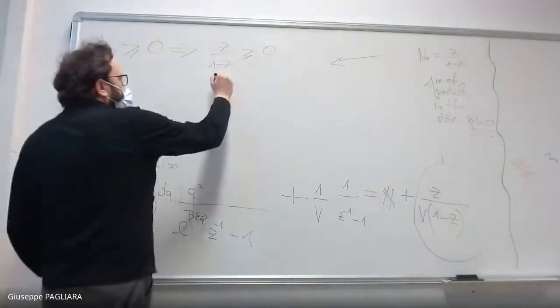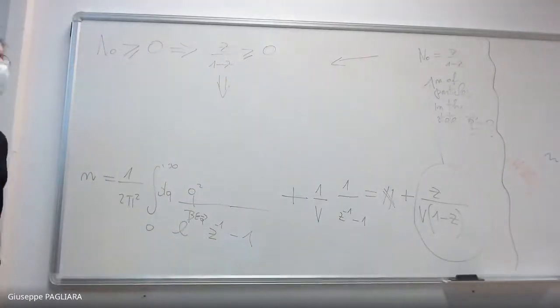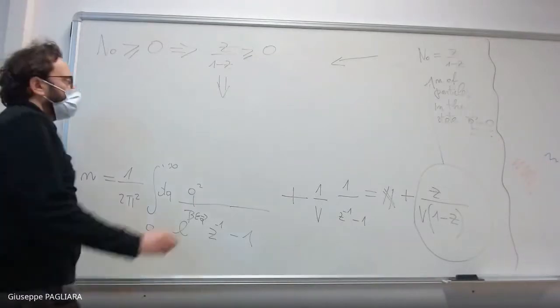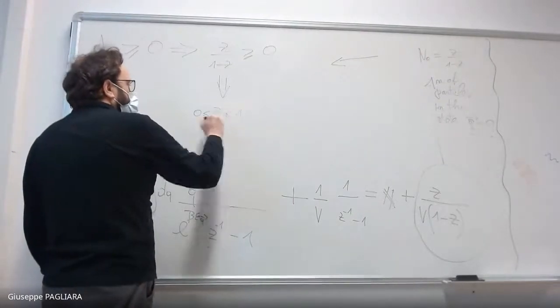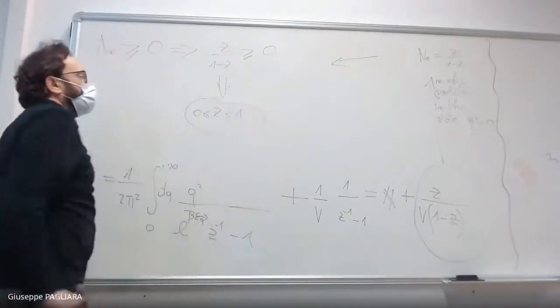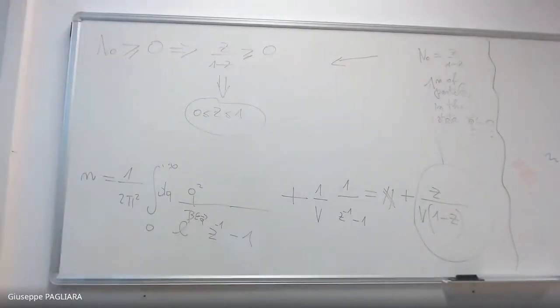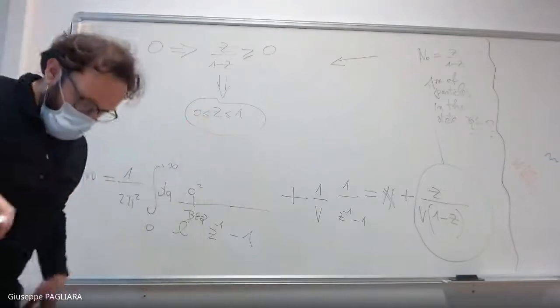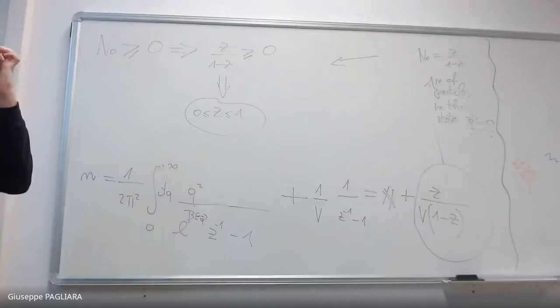And this means that I have just an interval for z, which is the one in which z is between 0 and 1. Okay. So the fugacity is not free to have any value, as in other cases, but it must be limited within the range from 0 to 1.